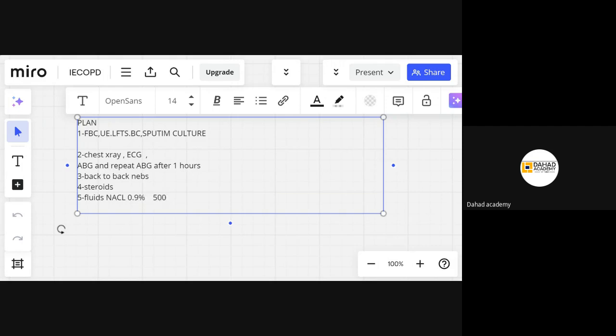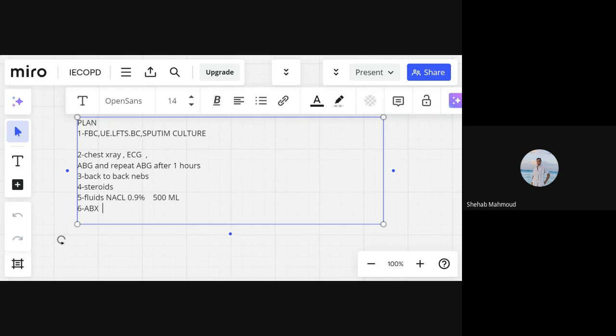What antibiotic? Whatever antibiotic is according to your guidelines: amoxicillin, doxycycline, clarithromycin, co-amoxiclav, whatever you give.